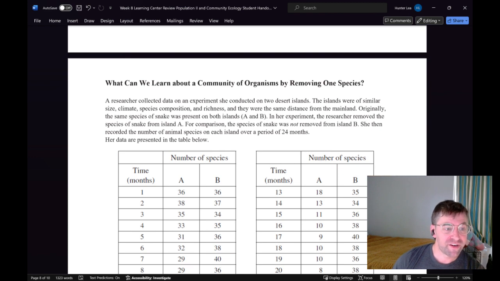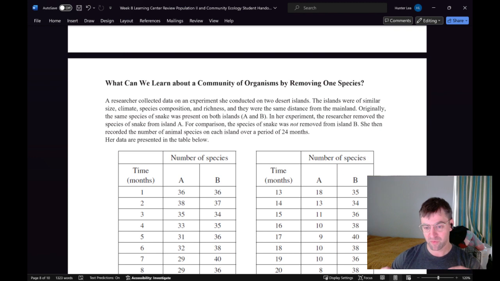A researcher collected data on an experiment she conducted on 2 desert islands. Islands were of similar size, climate, species composition, and richness, and they were the same distance from the mainland. Originally, the same species of snake was present on both islands A and B. In her experiment, the researcher removed the species of snake from island A. For comparison, the species of snake was not removed from island B. She then recorded the number of animal species on each island over a period of 24 months.